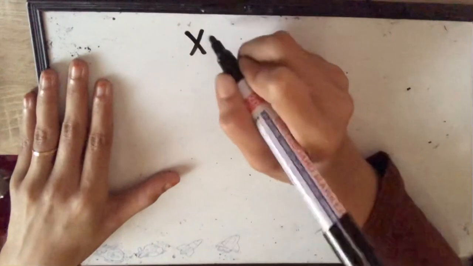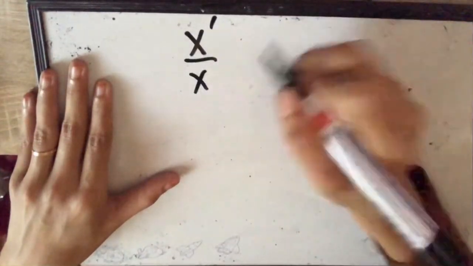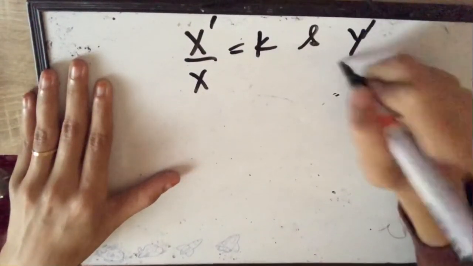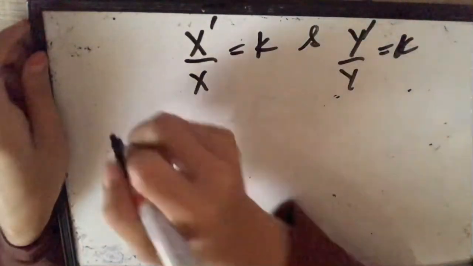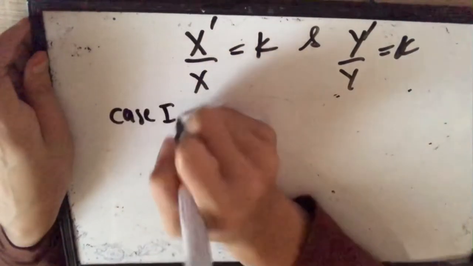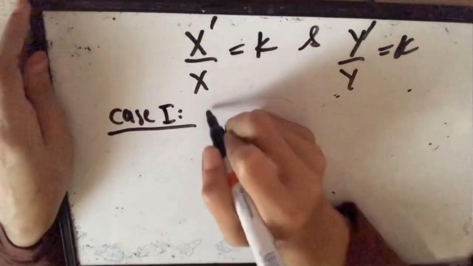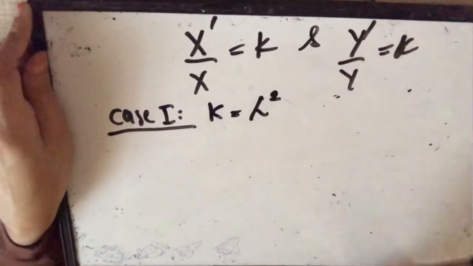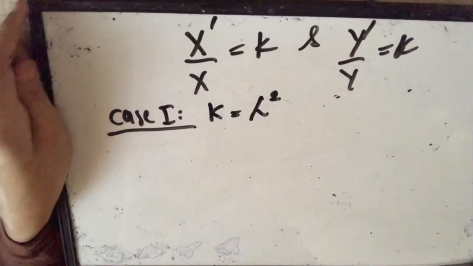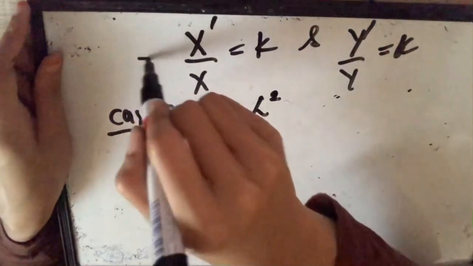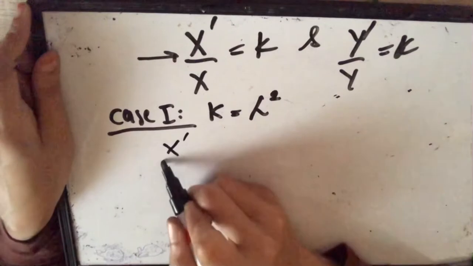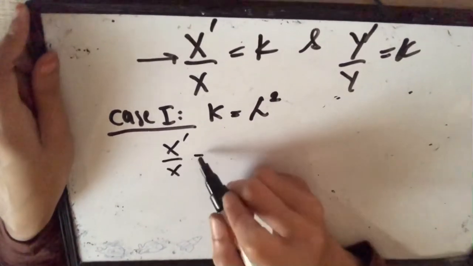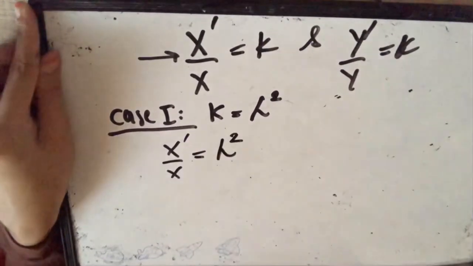Just now I said that you have the equation X prime over X equal to k and Y prime over Y equal to k. We will do both, starting first with case 1. Case 1 says that your k is positive. We do it first with the equation for X. X prime over X equal to lambda square.